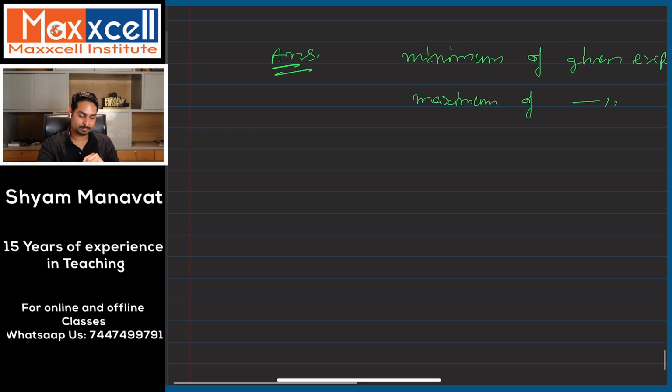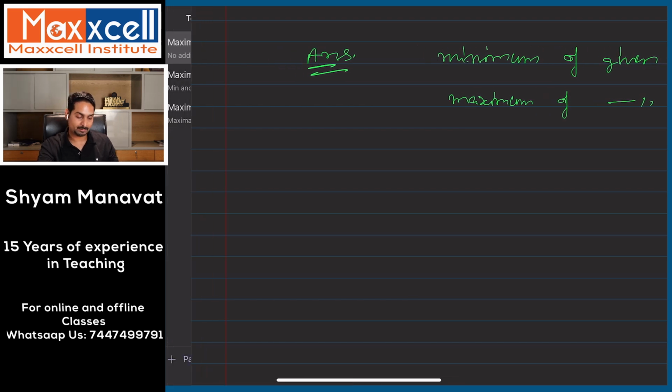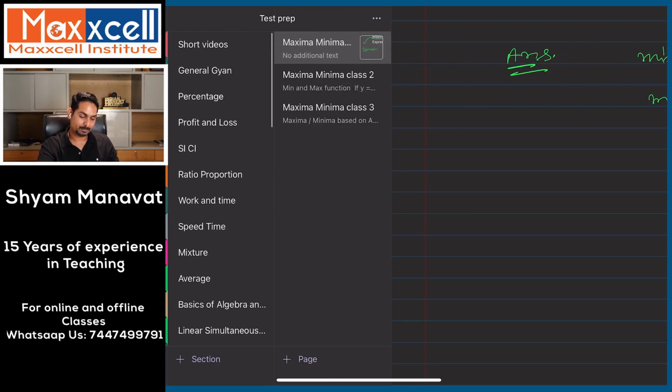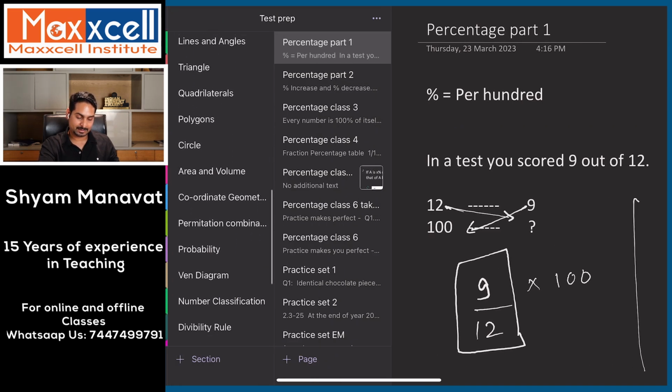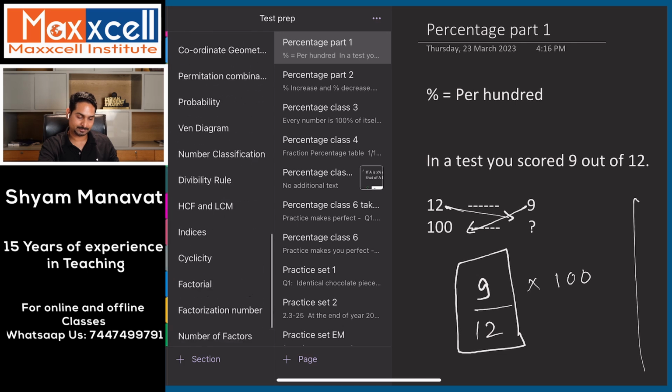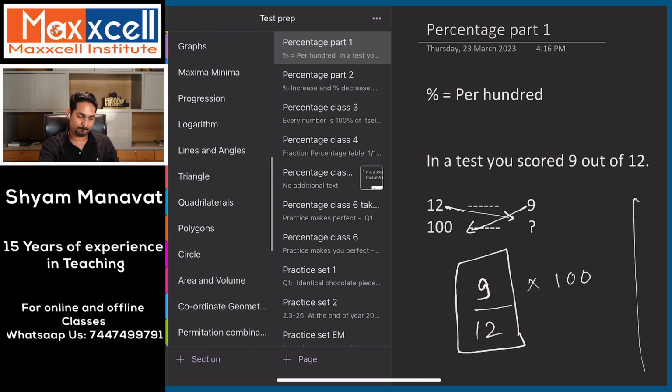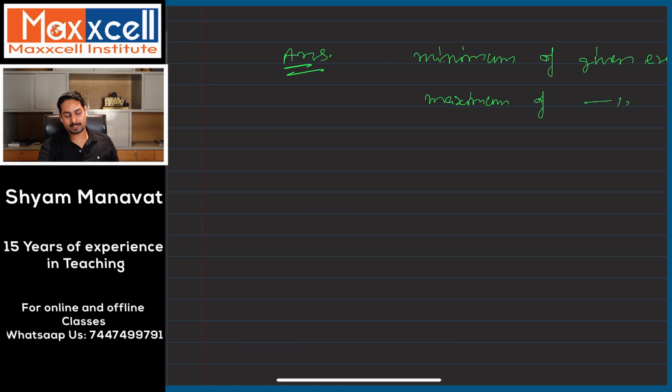But I must say, if you have come all the way from percentage till here, maxima minima, your dedication is appreciated, and keep this dedication alive till you reach the last chapter of the syllabus, and definitely you'll have a lot of knowledge and understanding to crack the exam.